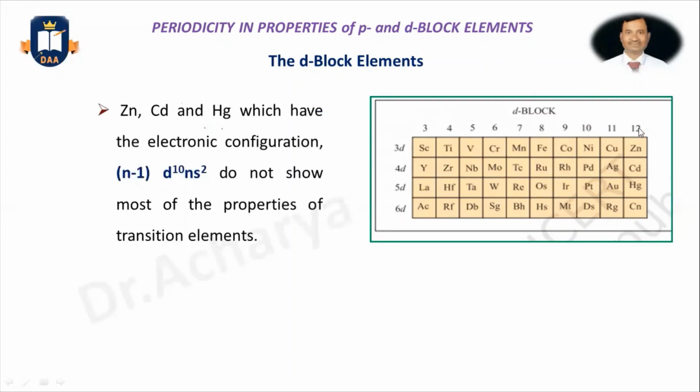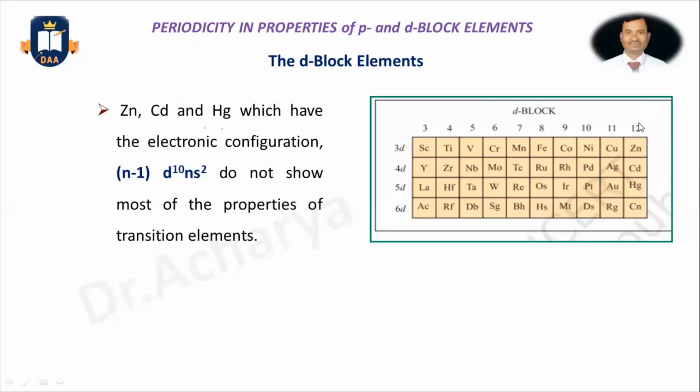Group 12, zinc, cadmium and mercury, has the electronic configuration (n-1)d10 ns2. For zinc, for example, the electronic configuration is 3d10 4s2.